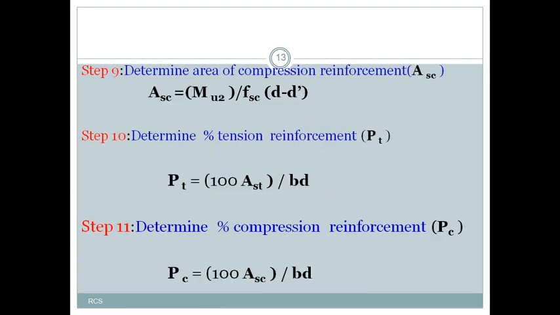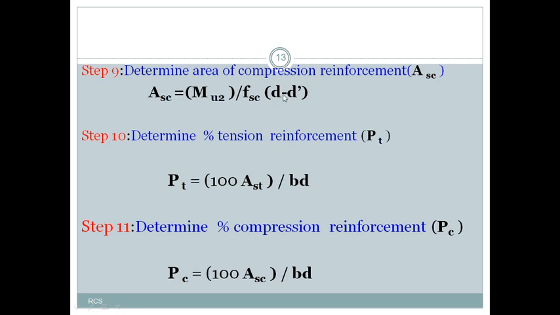Next, step number 9, determination of compression reinforcement, that is Asc. This also we have discussed: Asc is equal to the moment of resistance corresponding to section 2 divided by Fsc, the stress in compression steel, multiplied by (d minus d dash). d is the effective depth of the beam, d dash is the effective cover in the compression zone.